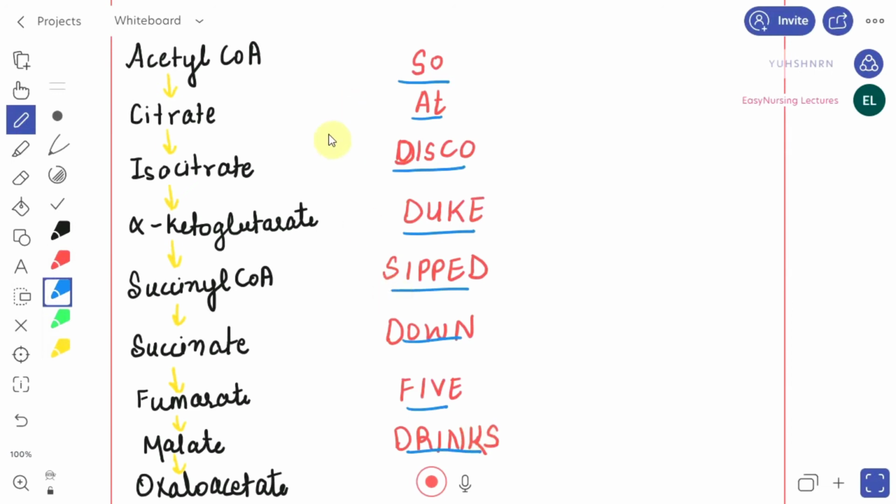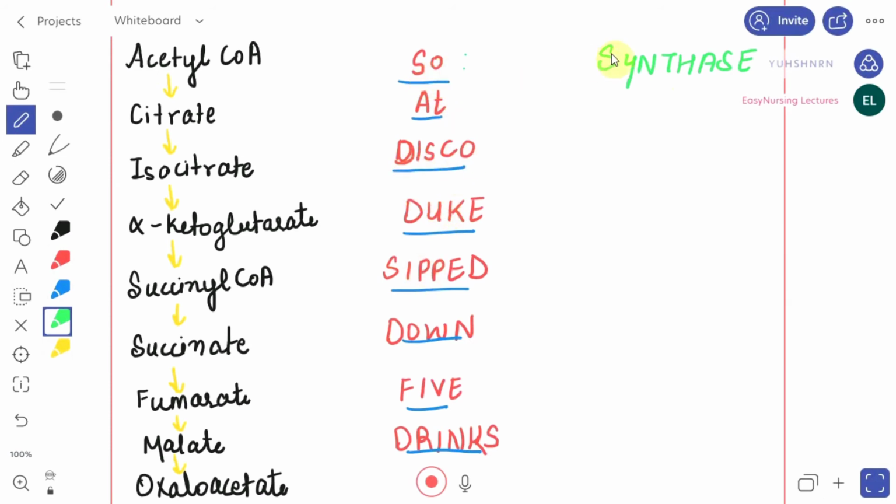So this is the mnemonic to learn the enzymes involved in the happening of the Krebs cycle. First we have S. From S we have synthase. Remember, when S is coming anywhere, it will lead to synthase, and when D is coming anywhere, it will lead to dehydrogenase.